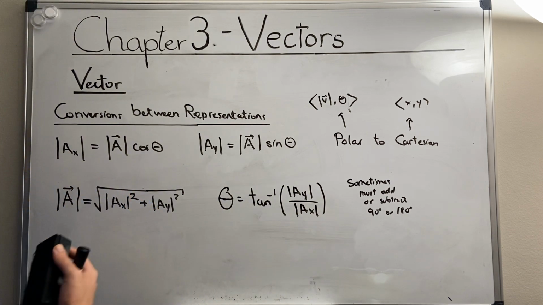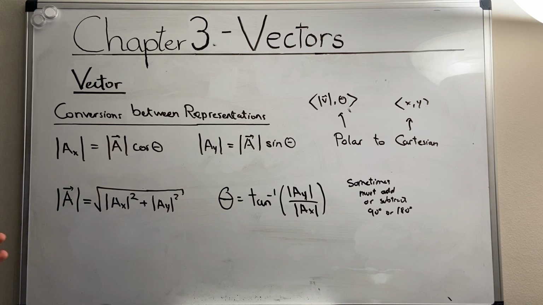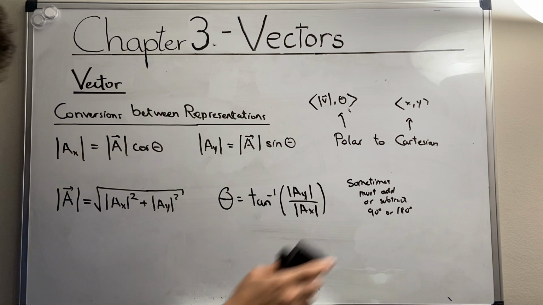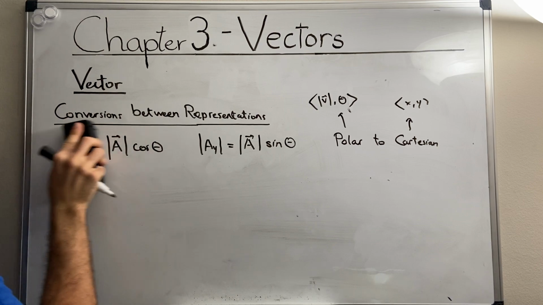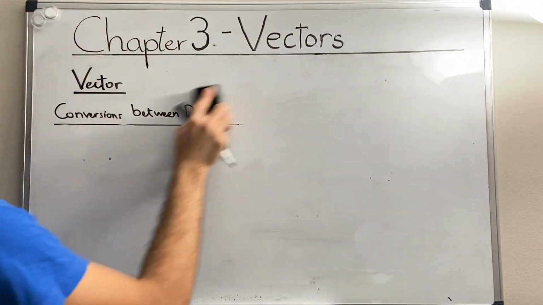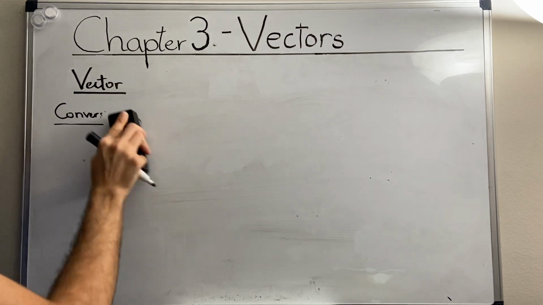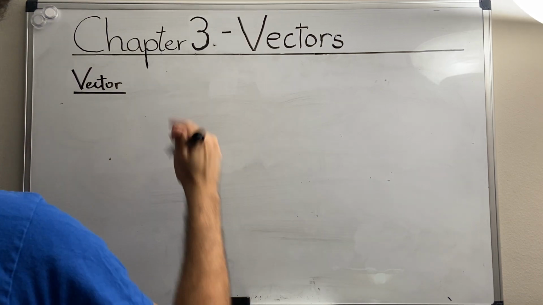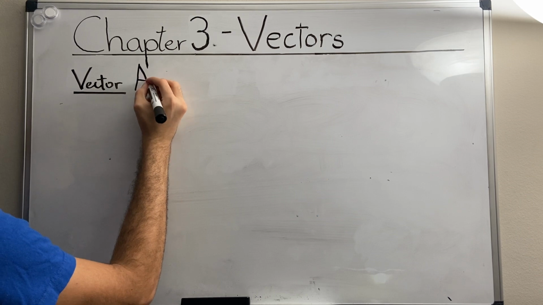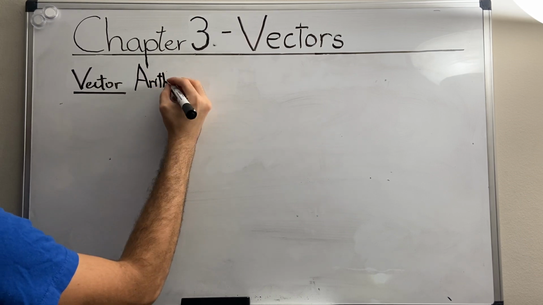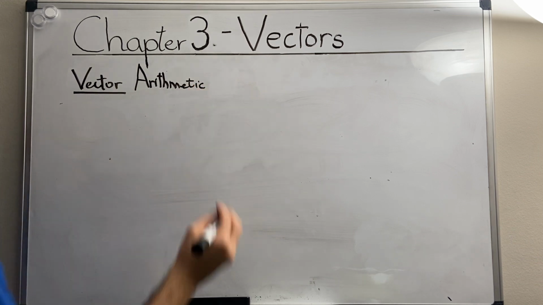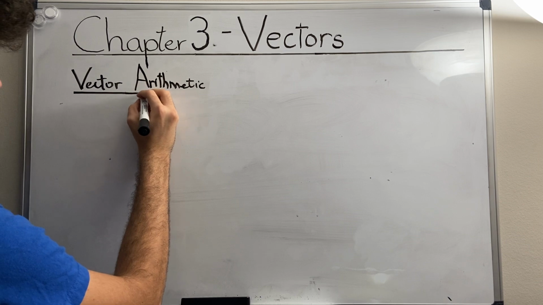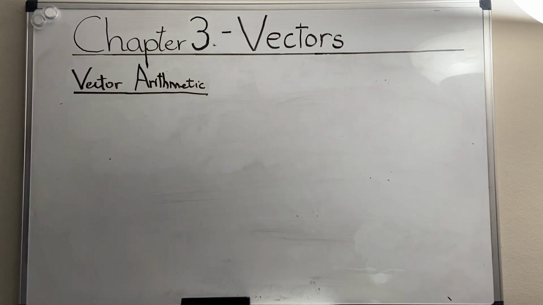Finally, now that we know what vectors are, how we can represent them, and the ways that we can switch from polar to Cartesian, we can actually do some vector arithmetic. Very important to understand. Okay, vector arithmetic.